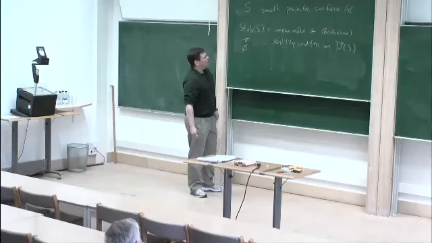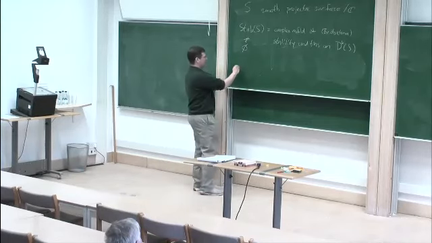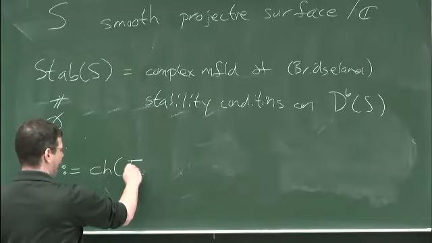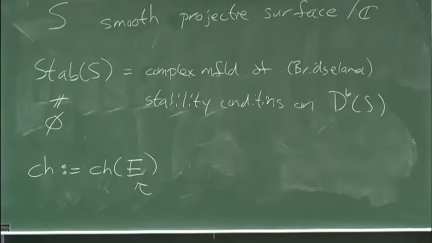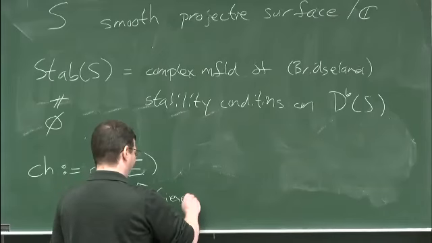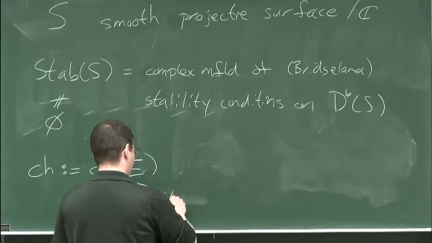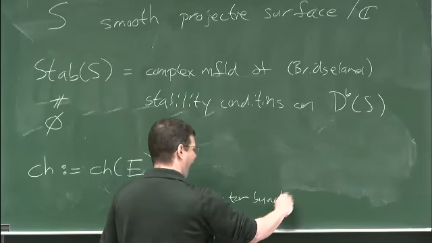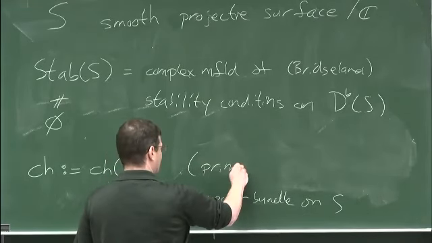And what we also know is that if I fix the Chern character, let's say, for simplicity, of a Mumford-stable vector bundle on S, and let's also assume that it's a primitive class.